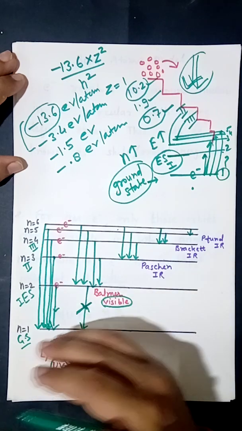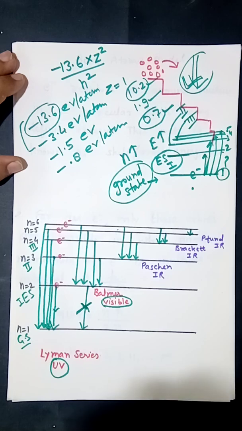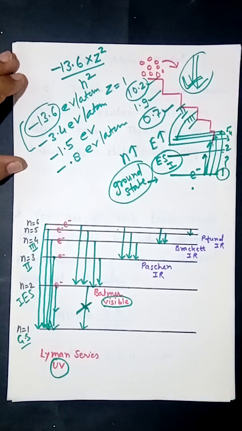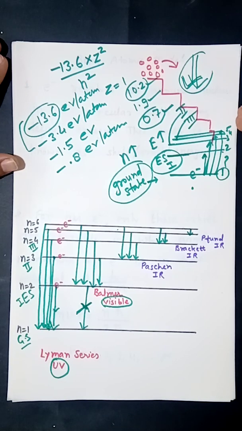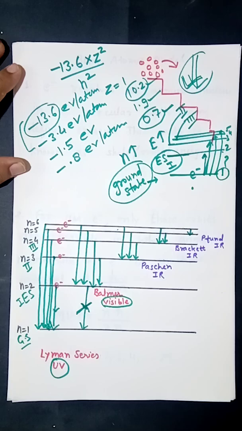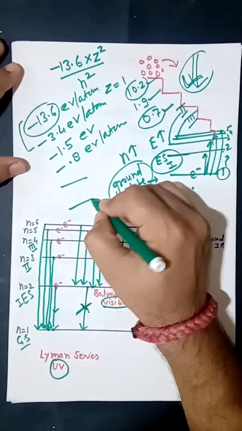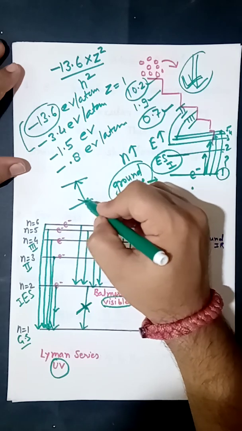So these are the various possibilities when the electron returns from a higher energy level to the ground level. Now one very interesting and important point: the energy of the radiation depends on the difference of energy between two shells, not necessarily successive.